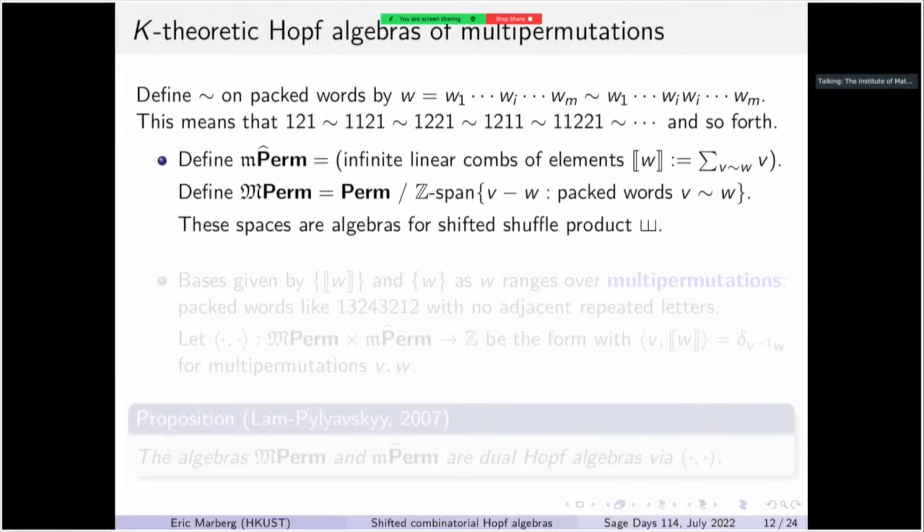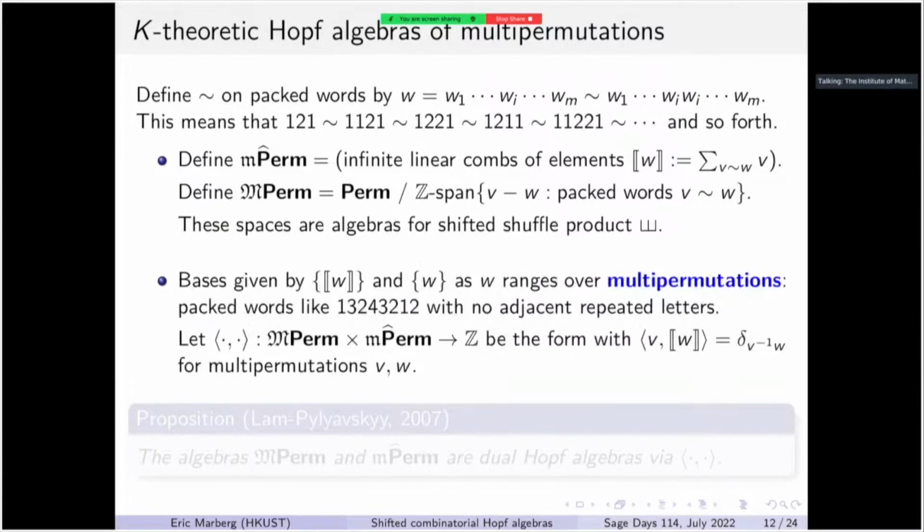Maybe this should be not permutations, but all packed words. So this object should be slightly different. Both of these are going to be algebras for this shifted shuffle product, and both of them are going to have bases indexed by multi-permutations. This just means a packed word with no adjacent repeated letters. So it's almost like a permutation, but you can repeat letters as long as they're far apart.